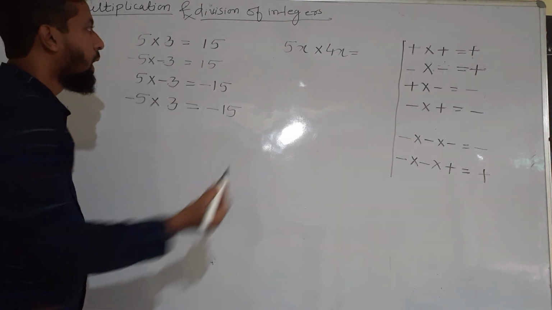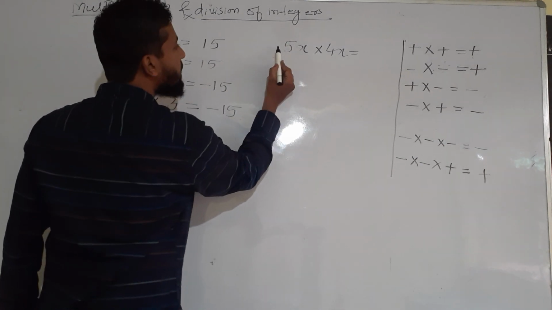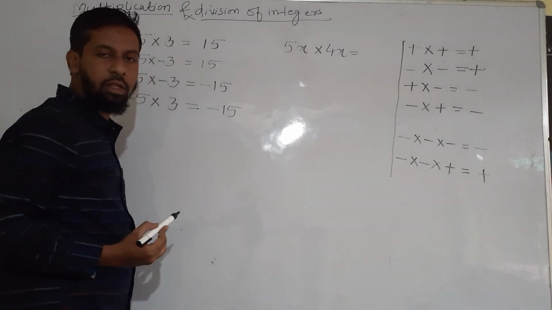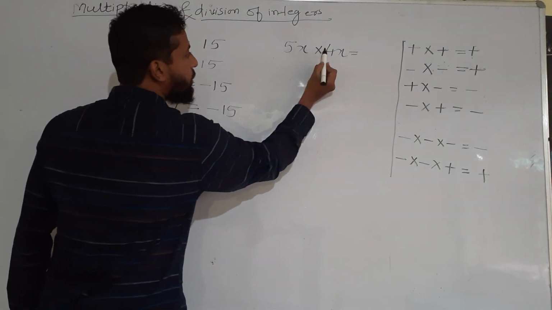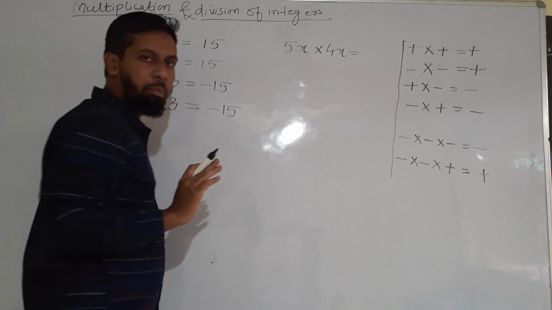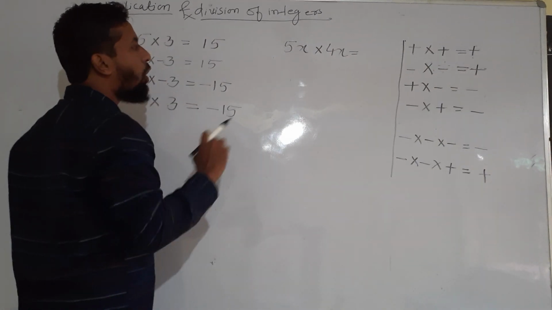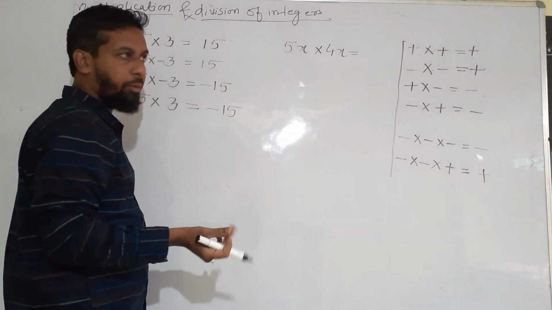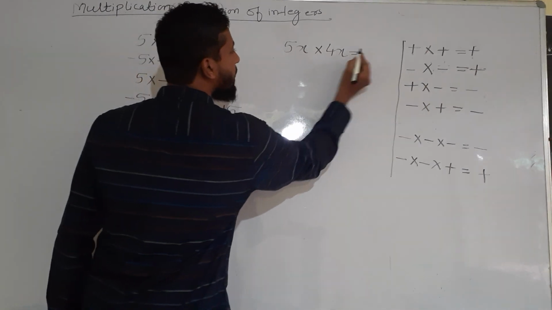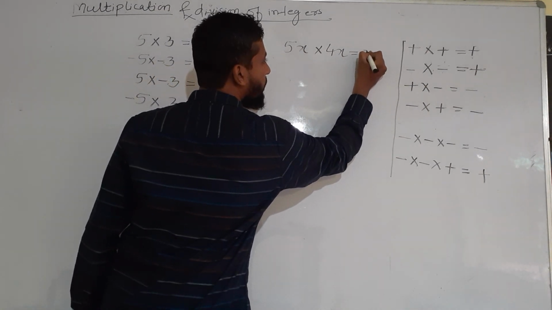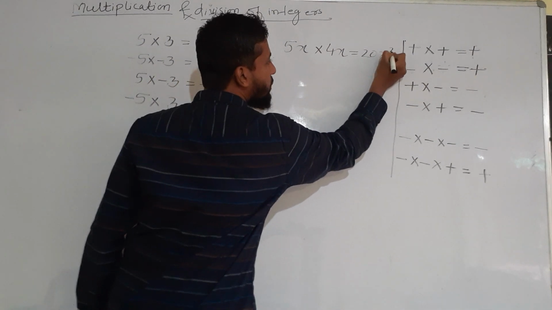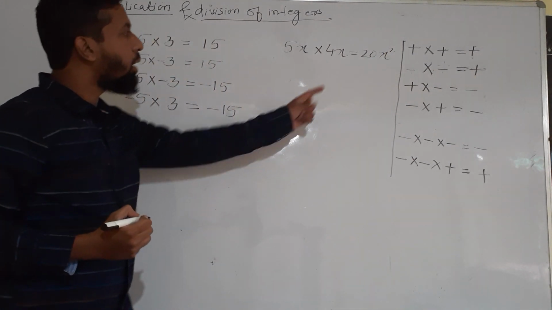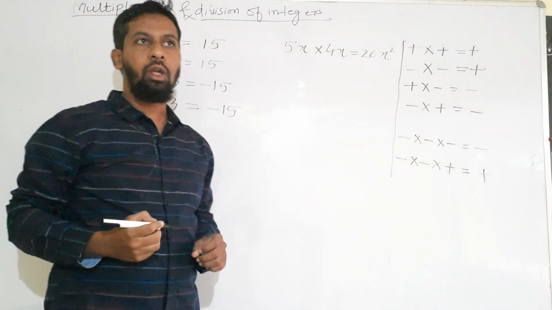All of you see here. First multiply the sign. Plus into plus is plus. Now multiply the numbers. 5 4s are 20. x into x is x square. The result will be 20x square.